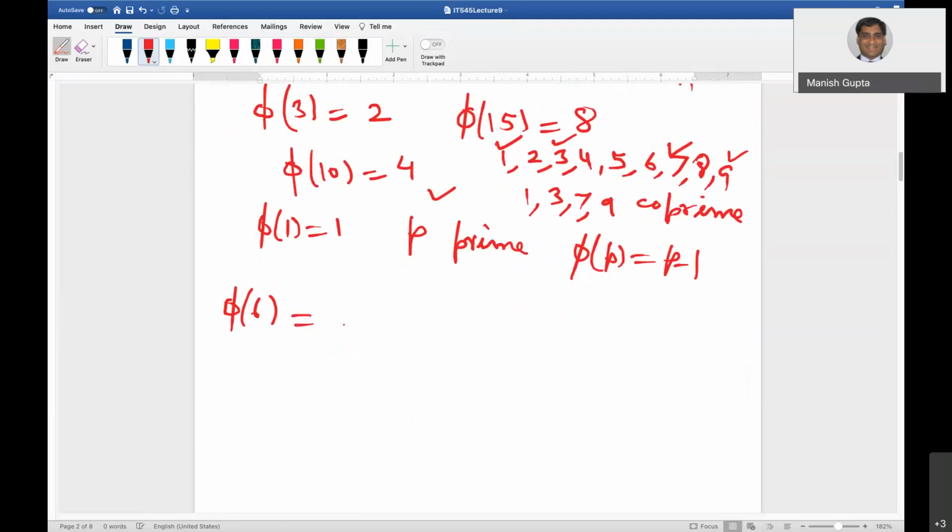You can also compute it as phi of 2 into phi of 3, since phi is a multiplicative function. 2 is a prime, 3 is a prime, so this value is 1 into 2, which is 2.